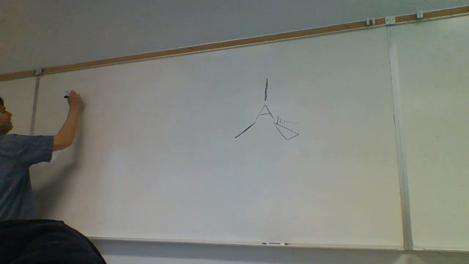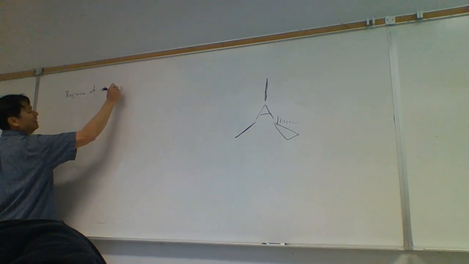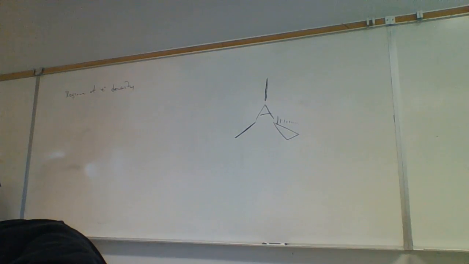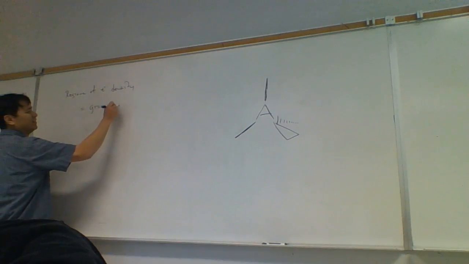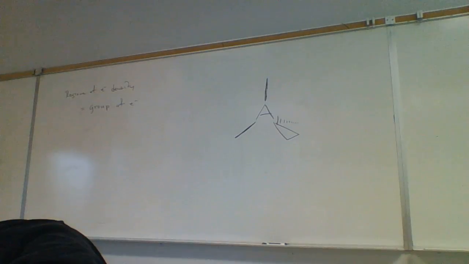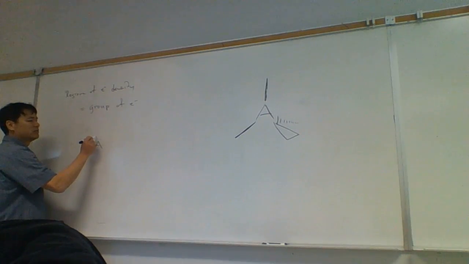Regions of electron density equals a group of electrons. Now, a group of electrons you cannot break apart. So for example, a lone pair we cannot split into two individual electrons.